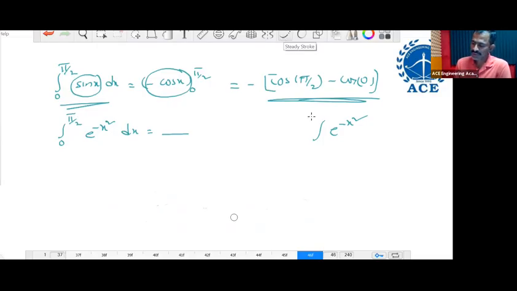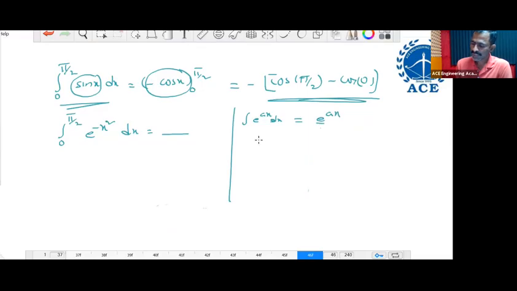Okay, leave it. Let us observe this. The integral of e power ax dx is e power ax by a.